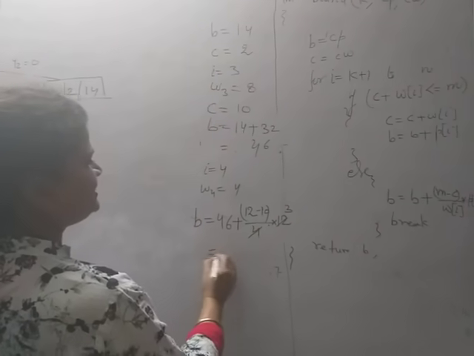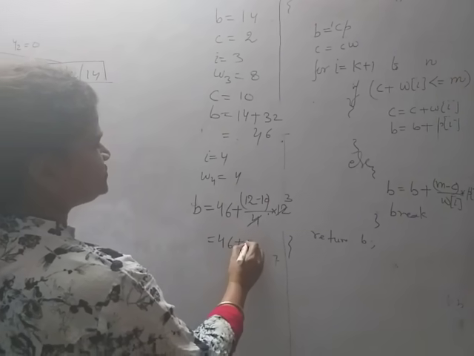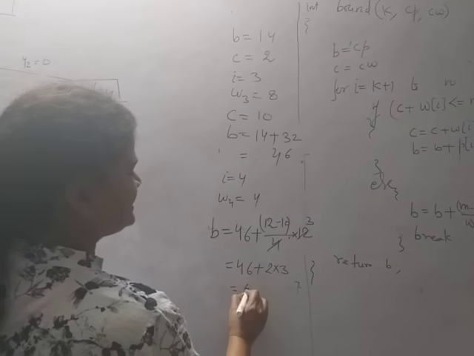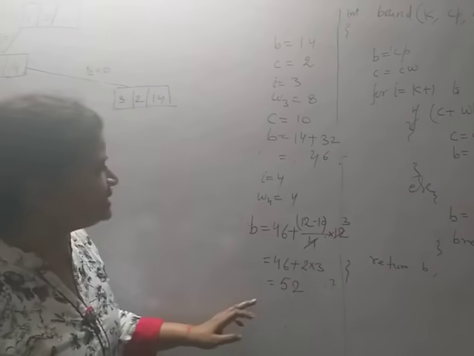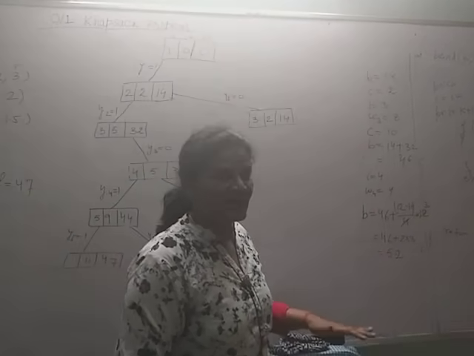So 46 plus 2 upon 4 into 12, that is 46 plus 6, which is 52.